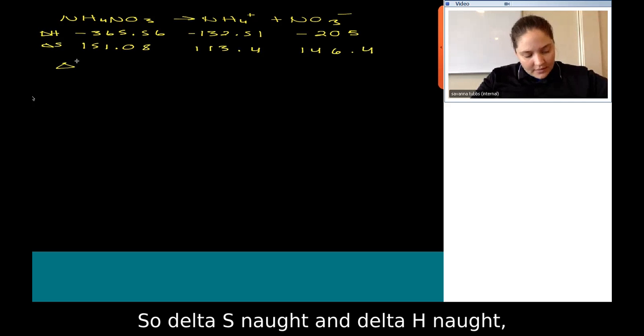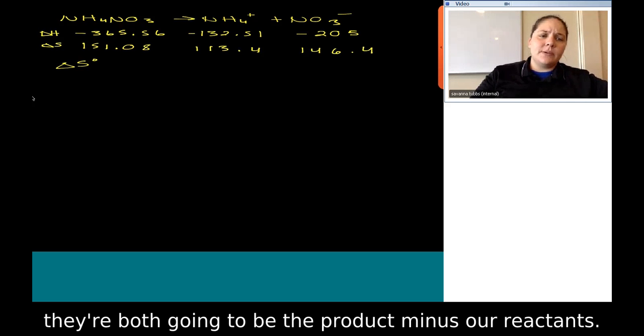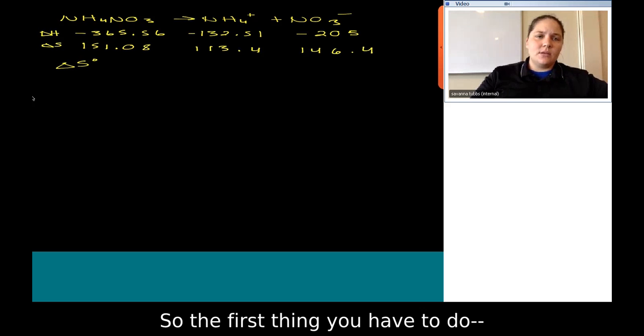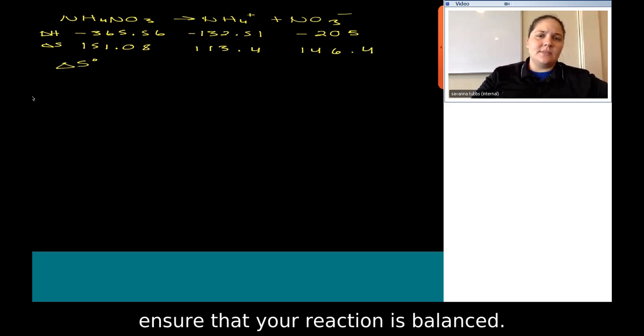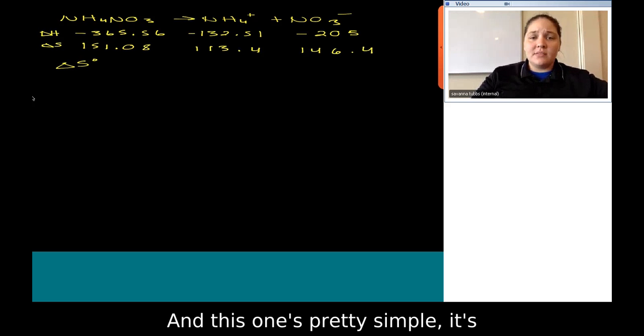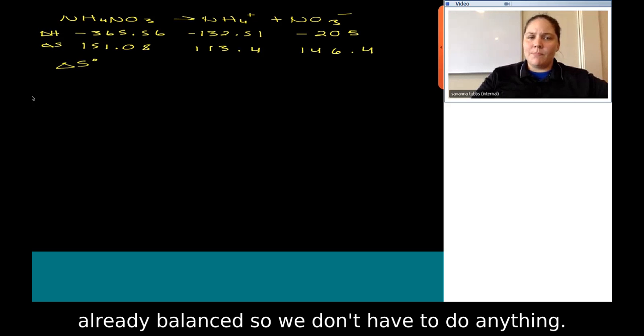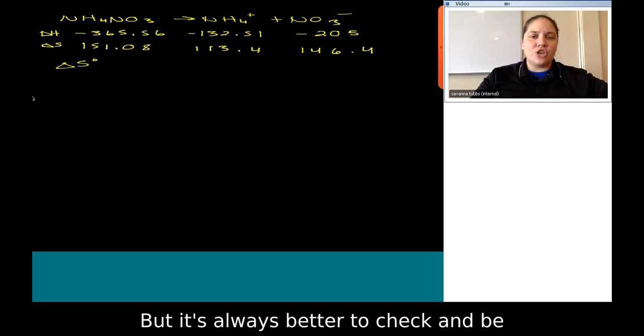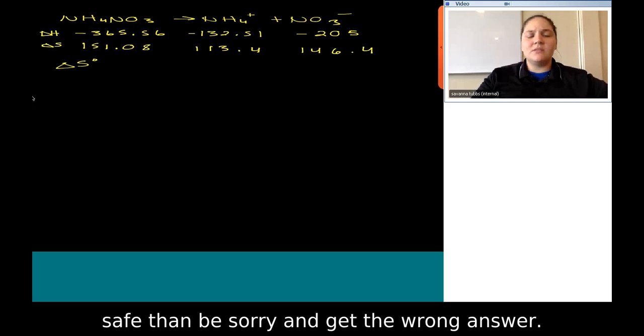So delta S naught and delta H naught, they're both going to be the products minus our reactants. So the first thing you have to do, ensure that your reaction is balanced. And this one's pretty simple, it's already balanced, so we don't have to do anything. But it's always better to check and be safe than be sorry and get the wrong answer.